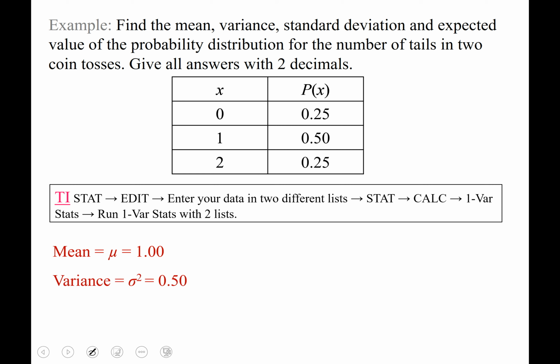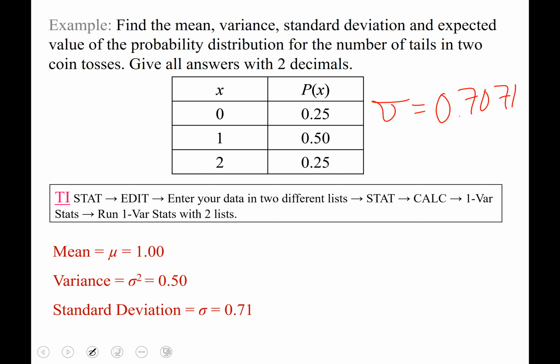Okay, the next thing you have, let's do standard deviation next. On your screen you have lowercase sigma equals, and I'm going to go a couple extra decimal places, 0.7071, I'll go with a 1 rounding up there. So your standard deviation to 2 decimals is right here, sigma equals 0.71.